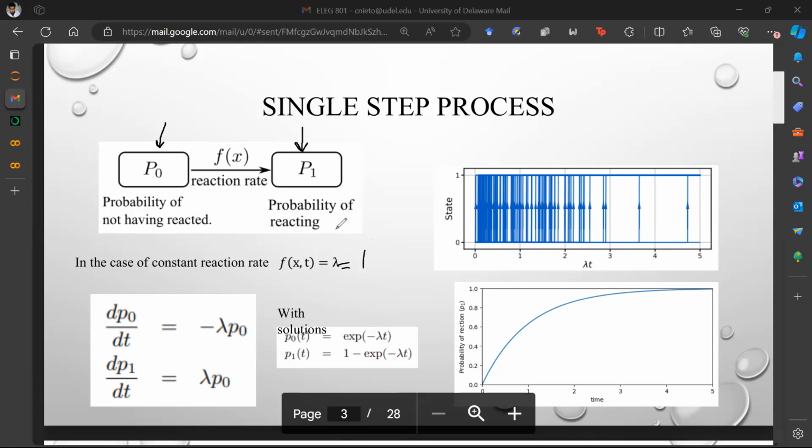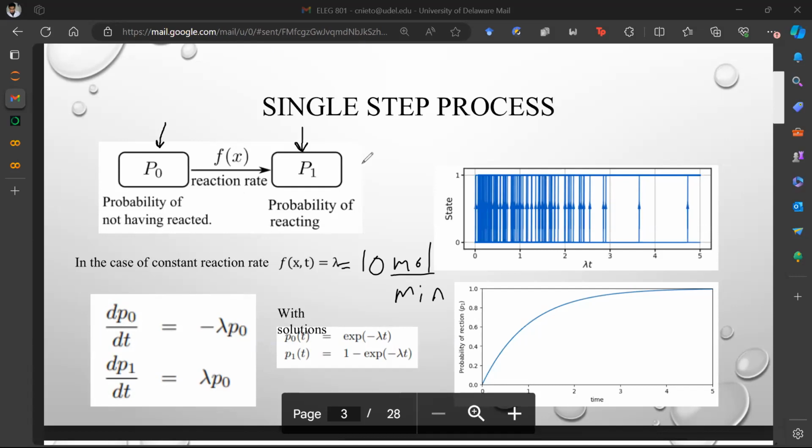So for instance, if lambda is 10 molecules per minute, it means that you produce on average 10 molecules per minute, and you can use this as a Poisson process, the simplest Poisson process. So usually what you do here for the master equation is you have an efflux, the probability is flowing away from P0 and is entering P1.